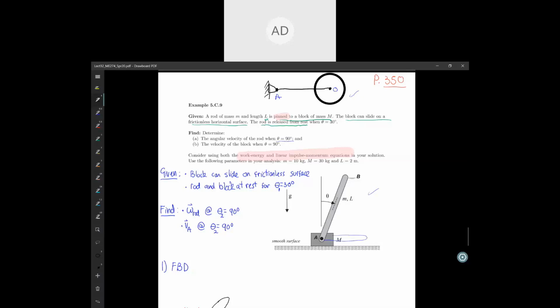This guy is going to move down, but this one is also moving down, so that's a difference. Yes, so one important difference is that problem 1 has a fixed point. Exactly, and this problem doesn't have a stationary point. That's very important. And what other key feature do you see from problem 1 and example C9?